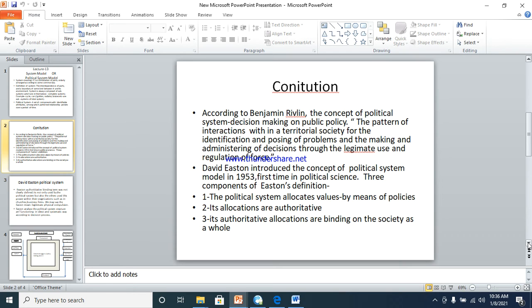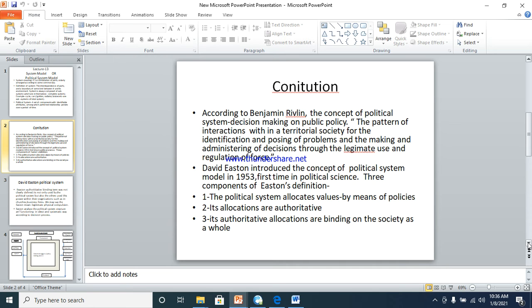We can observe from these three components that the political system allocates values through which the policies are made, and they allocate funds through their authority, and they have the authority to implement their decisions.